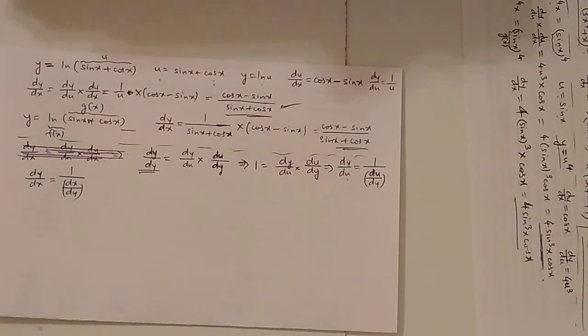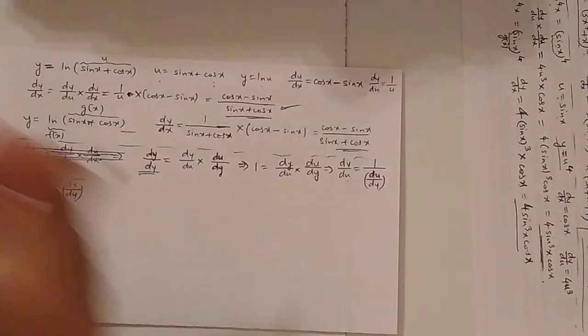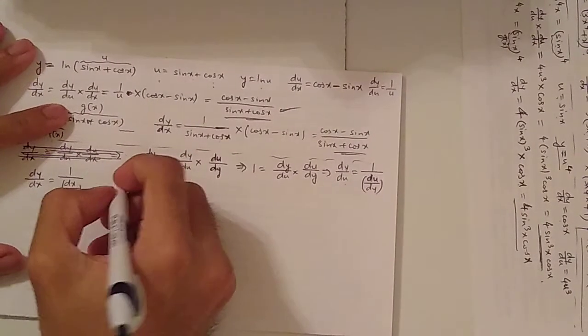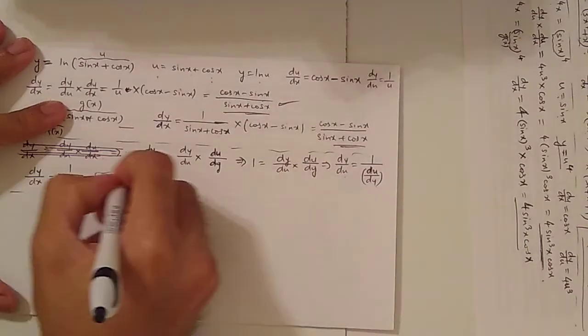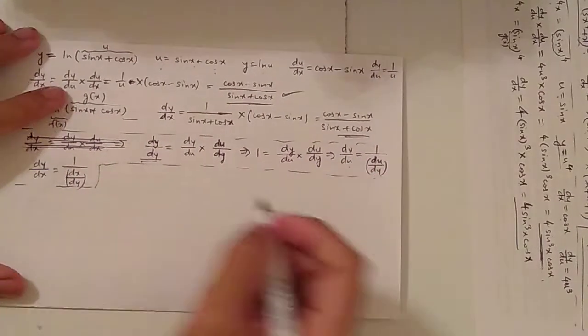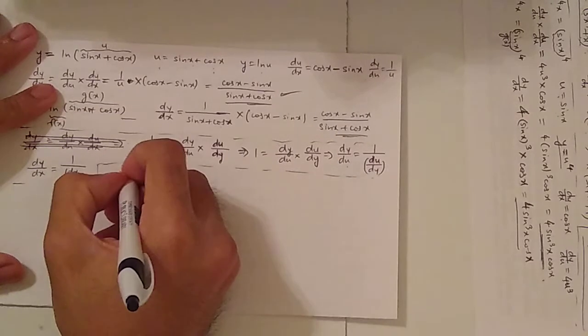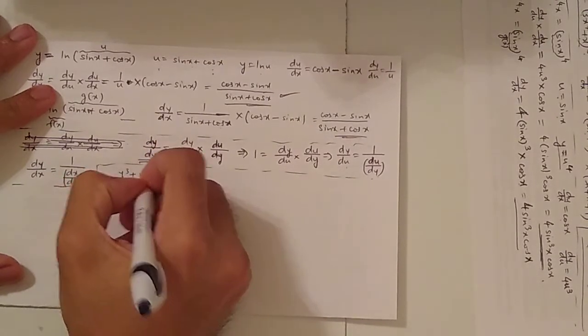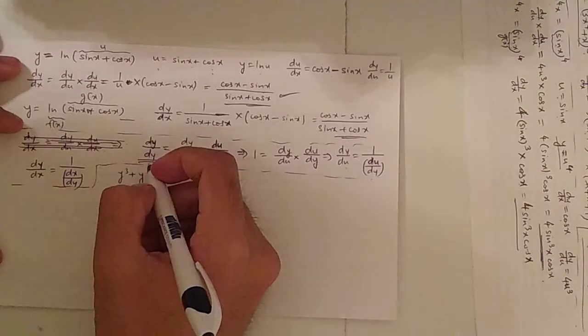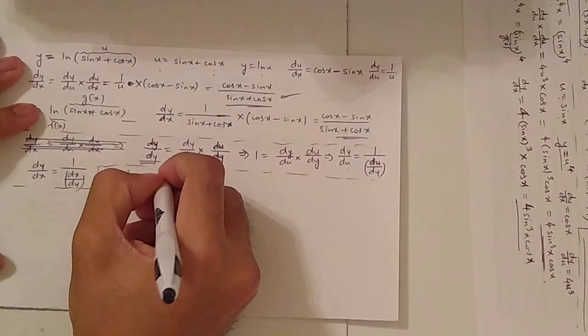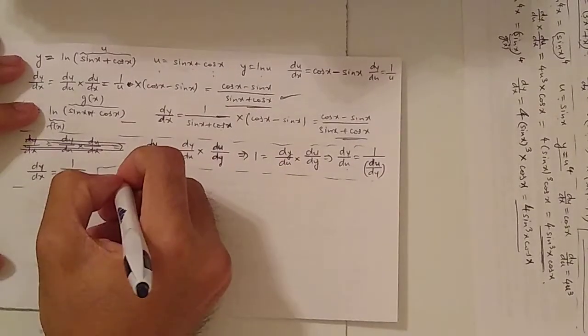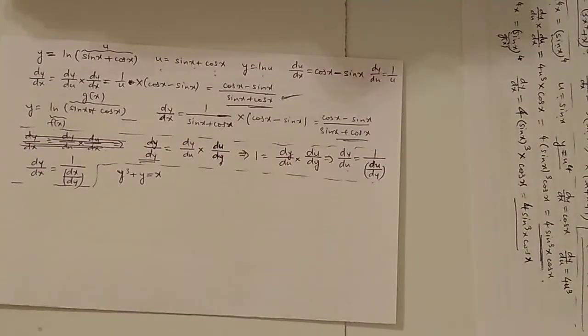Now, where can you use this version of the chain rule? An example is given on page 130. In this example, you are given to find the dy by dx expression for y cube plus y is equal to x.